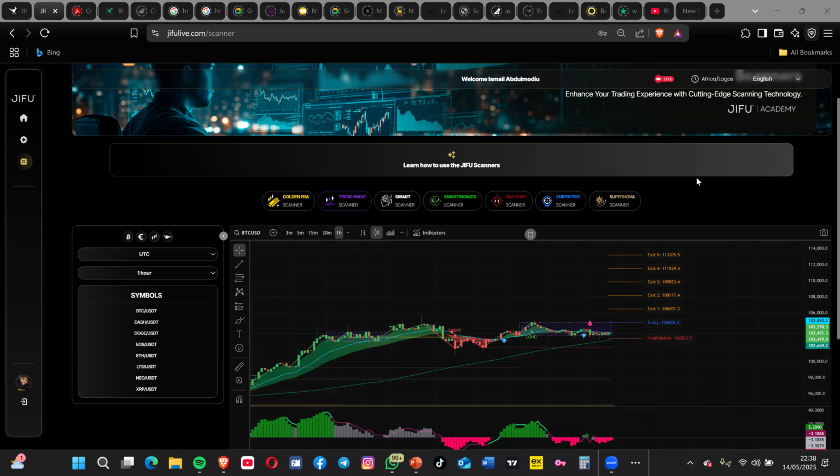Now, the trend wave scanner tells you what to buy or sell. Hope you're writing. Then the Kill Shot tells you when to buy or sell, which means it tells you when it is ready.